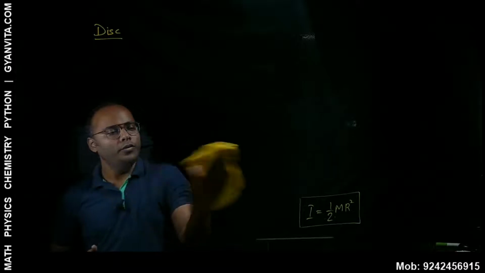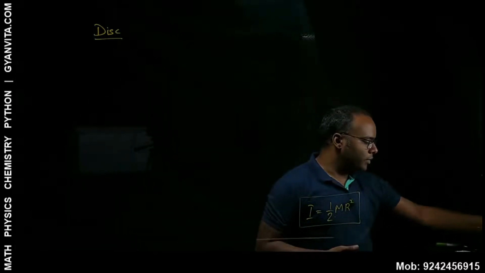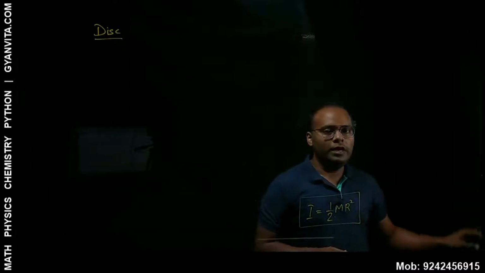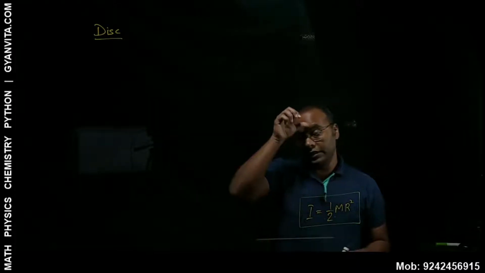You already have the moment of inertia of this disk about the main axis. Now you have to find the moment of inertia about an axis which is actually the diameter.